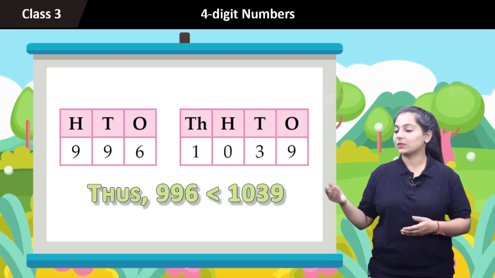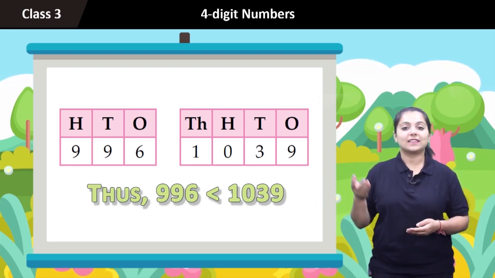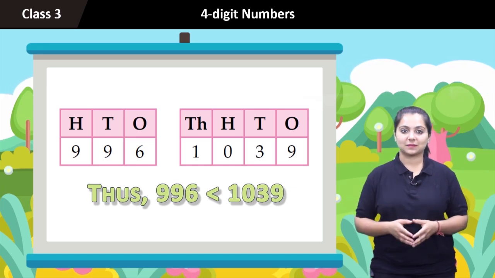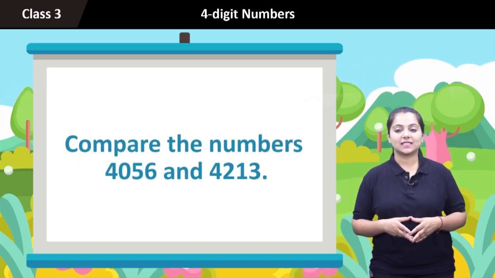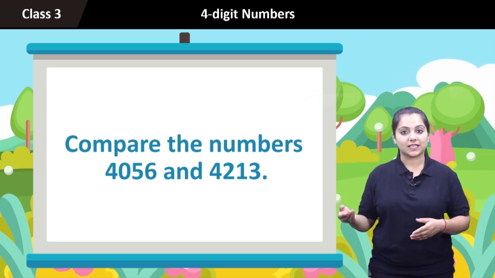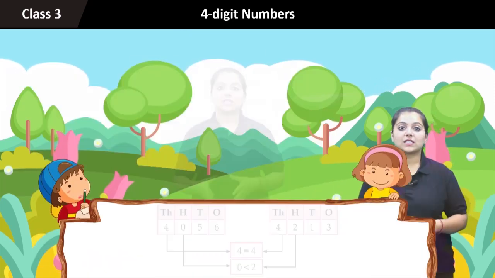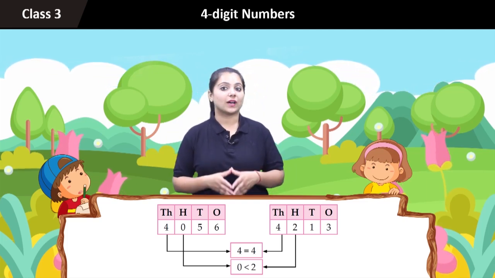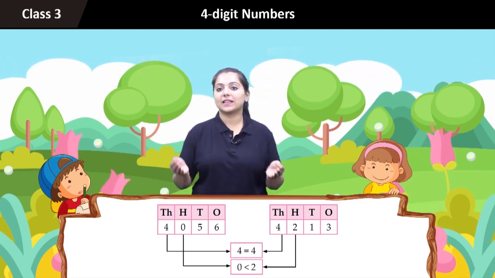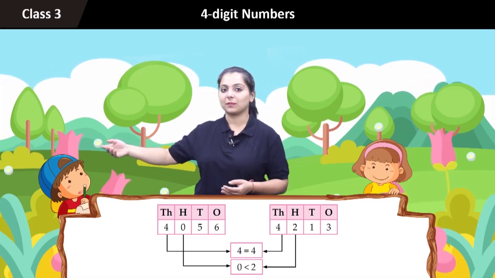So 1039 is greater than 996. Now let's compare the other numbers, that is 4056 and 4213. So now both are 4-digit numbers. So arrange them as per the place value chart. Now first of all, let's arrange them.